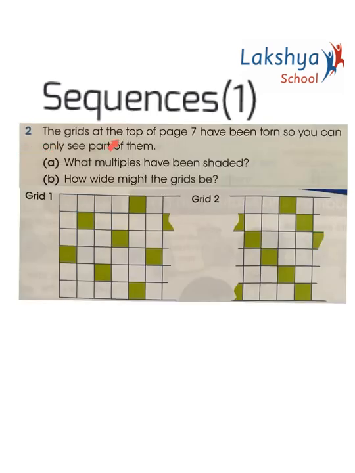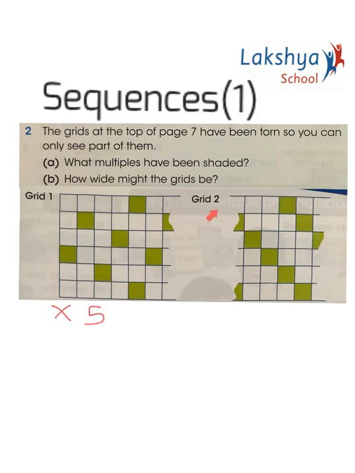Question 2. The grids at the top of page 7 have been toned so you can only see part of them. A. What multiples have been shaded? When you observe the grid, we see that this is shaded in the multiples of 5. 1, 2, 3, 4, 5. So this is shaded in multiples of 5.